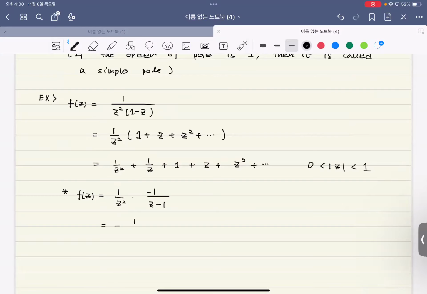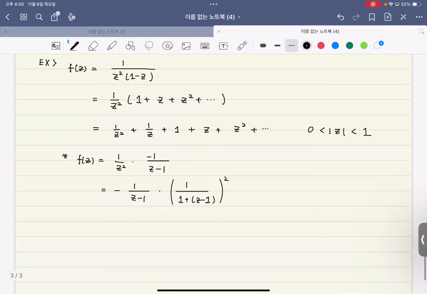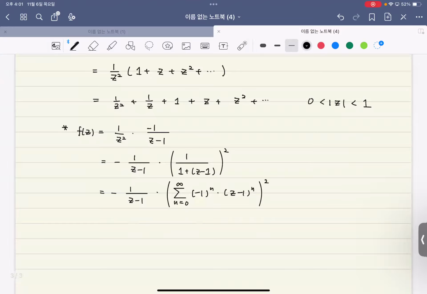Maybe I try to rephrase this, and inside of this parenthesis I have the sum of (-1) to the n times (z minus 1) to the n, from n equals 0 to infinity, and everything raised to the power of 2.